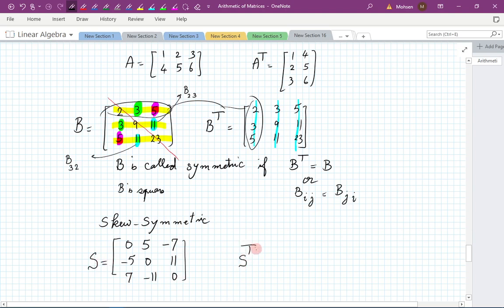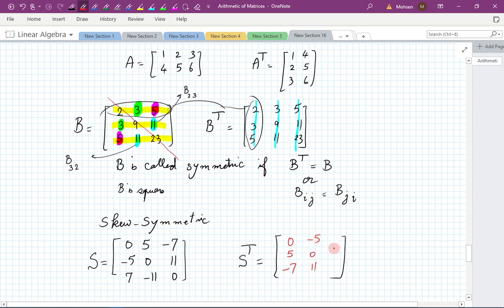So let's go and write the transpose of it. Just quickly take 3 seconds to write the transpose of this for me. What does the transpose look like? I have to take this row and put it in a column. So 0, 5, minus 7. The second one becomes minus 5, 0, 11.